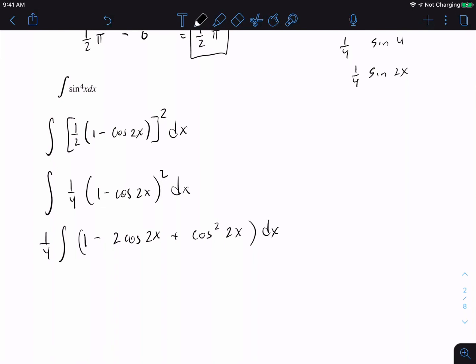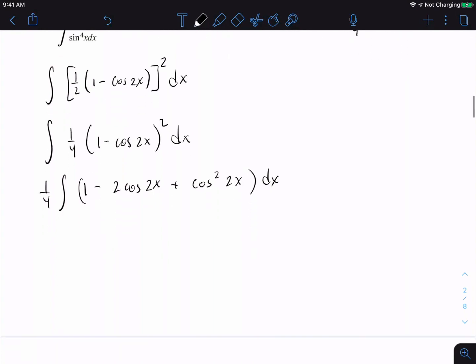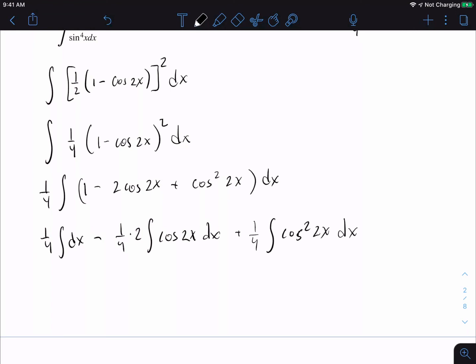Right? The expansion is okay? Okay. I'm going to break it up into 3 integrals so you guys can see what's happening. So I'm going to have 1/4 integral of dx minus 1/4, in fact, now, times 2 integral of cosine of 2x dx plus 1/4 integral of cosine squared 2x dx.